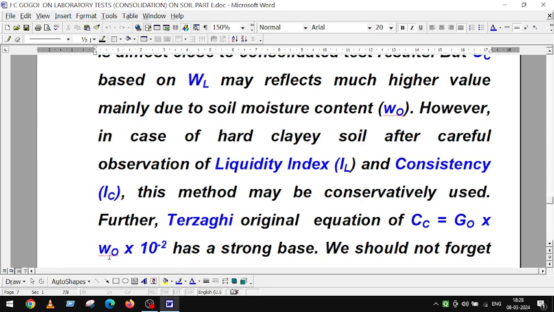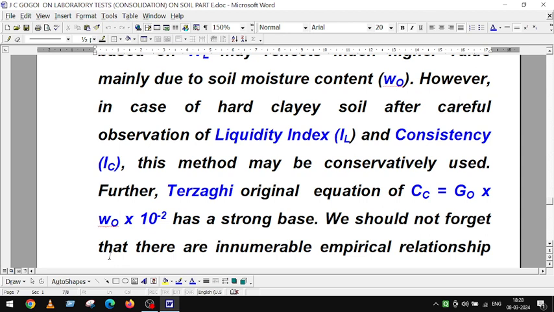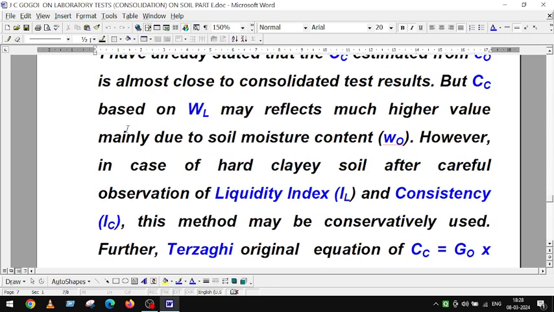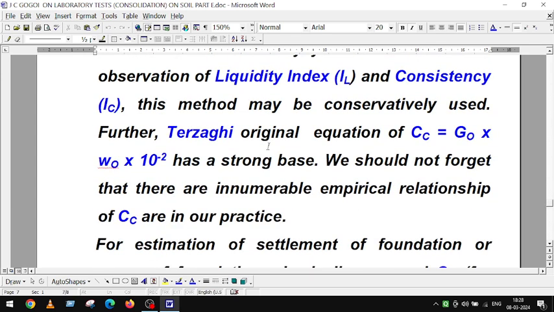If we get relative stiffness information, very stiff or hard, by comparing the soil moisture content, then there is no problem if we use the WL concept, WL minus 20 into 0.08 or 0.007, whatever it may be. But otherwise, I am not in favor of using the liquid limit concept.